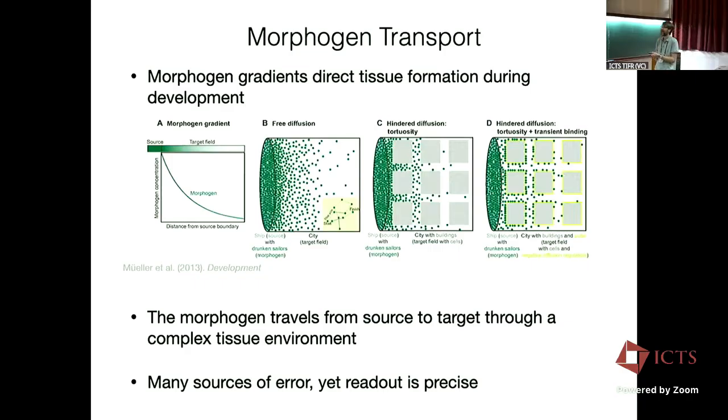Of course, biology has cells and things that get in the way, and so you have hindered diffusion as sailors have to stagger around. And then biology is even more complicated, as proteins are binding to things and interacting, or in this analogy, you have pubs in the buildings, and so the sailors get caught at a pub and stay there for longer than stagger on. So there are different ways of thinking about how particles move, and it's important to distinguish that from the classic physics experiments of, say, a dye in water.